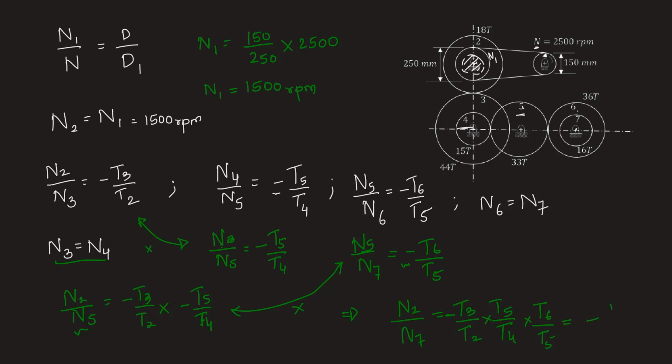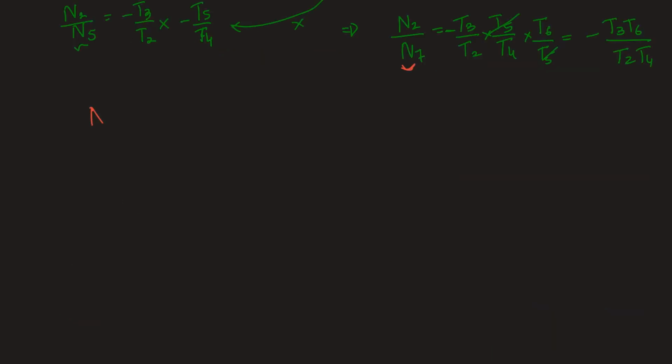We have this as minus T3 T6 upon T2 T4, because T5 by T5 is 1. So after rearranging this equation that we have finally got, we can find out N7. Rearranging this, we will have N7 equal to minus of T2 T4 upon T3 T6 into N2.